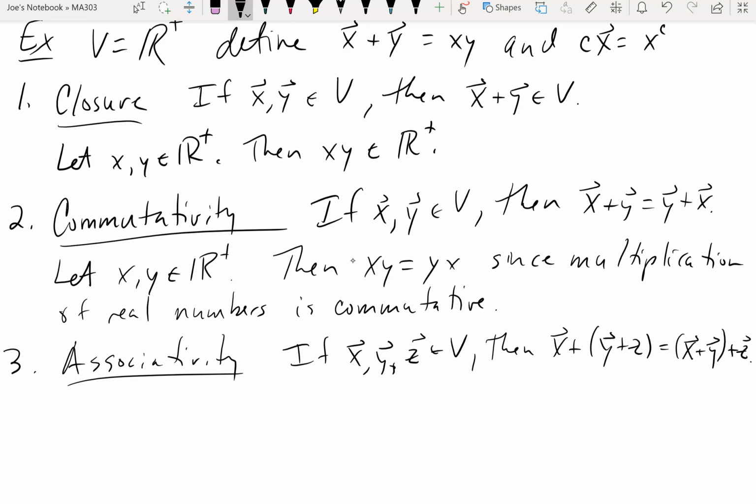Again, this is the general axiom that I need to show works. I want to change this over to the specifics of the problem. So I need to start with three vectors. In this case, the vectors are positive real numbers.